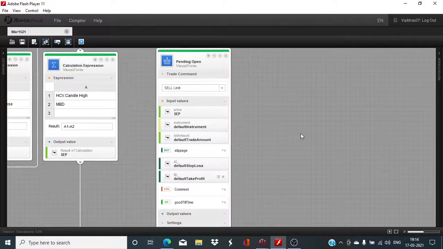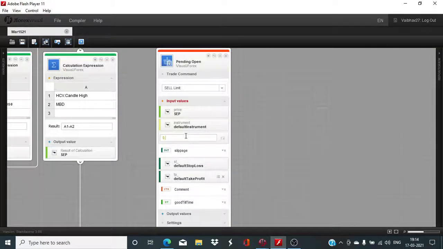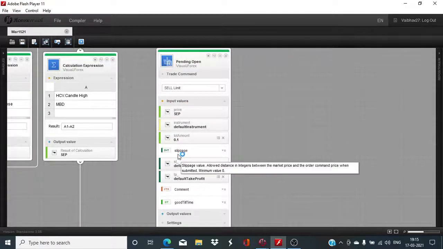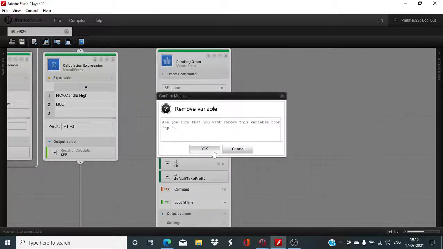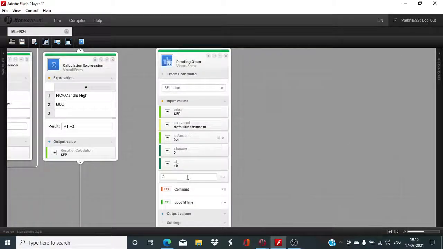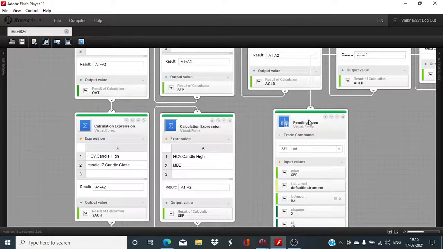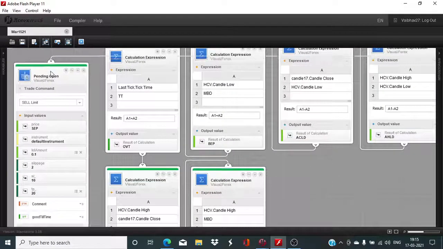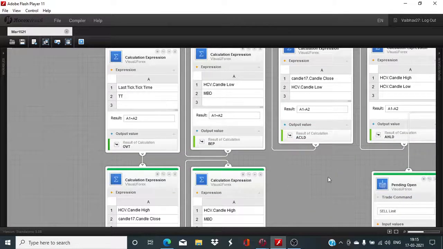So trade amount 0.1 million should be good enough. Slippage 2 pips. Stop loss will be fixed this time, a static 10 pips and 20 pips combination we will use. And order validity is going to be 1 hour, same as the buy side.